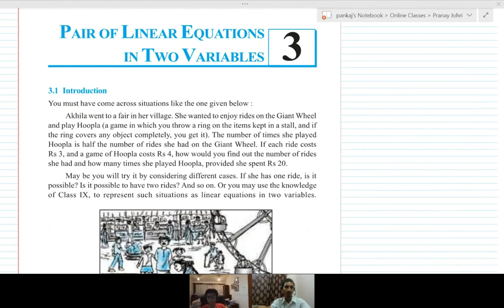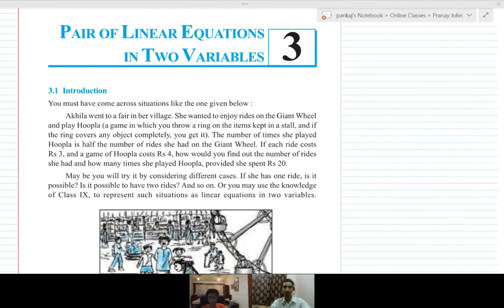So what are variables? They can have any value. They do not have any definite value. They change depending on the equation. Okay, more or less that's the definition.